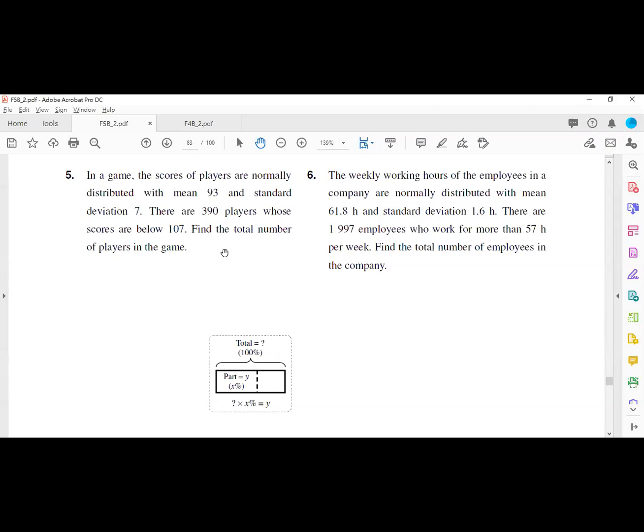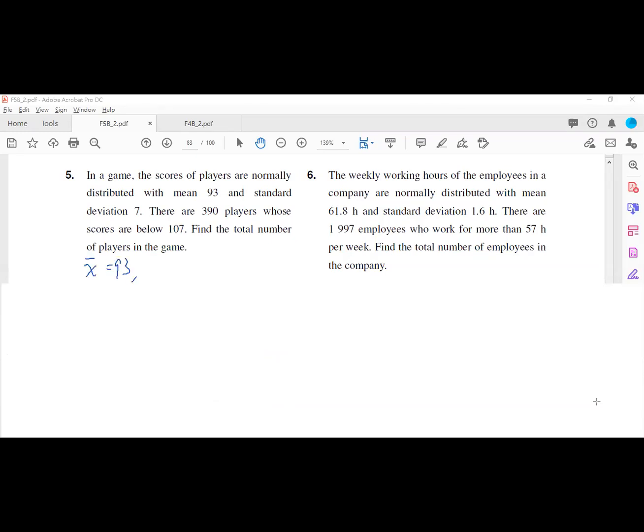Number 5. Yes. So let us do number 5 together. In a game, the scores of players are normally distributed with mean 93 and standard deviation 7. So x bar is equal to 93 and then sigma is equal to 7.